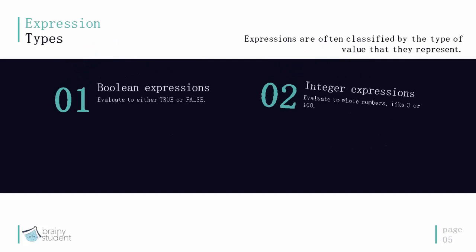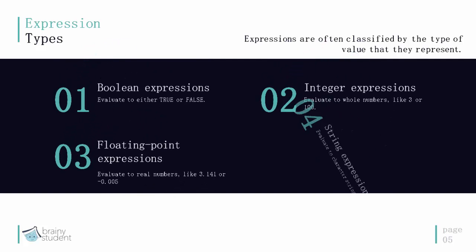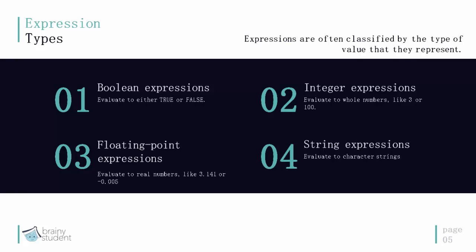Next, types of expression. Expressions are often classified by the type of value that they represent, that is, by the data type or return type of the value that they represent. The first type of expression is the Boolean expression. A Boolean expression evaluates to either true or false, because it can take only one of two values.